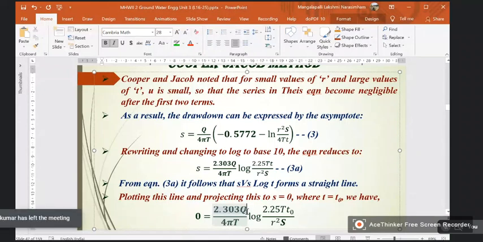The expression, equation 3, now takes the shape shown in equation 3a.